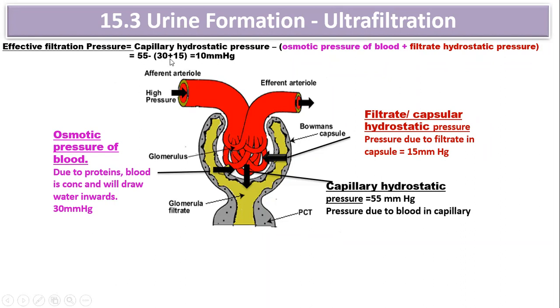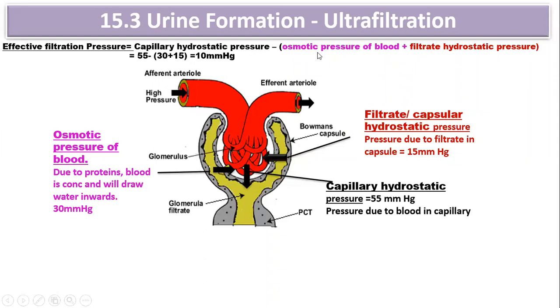So what is capillary hydrostatic pressure? That pressure is because of the blood, because blood is going to enter at a faster rate, due to the difference in diameter. That is the pressure within the glomerulus, and this is around 55.